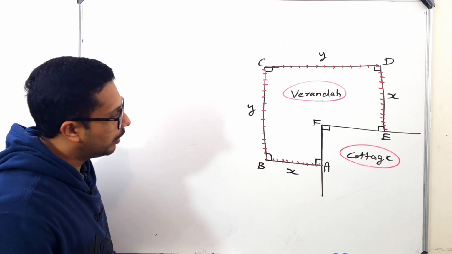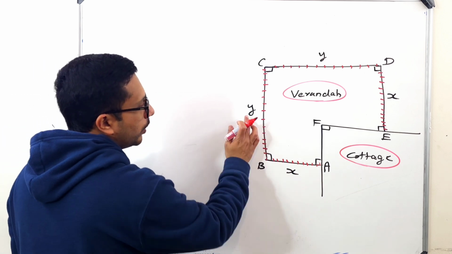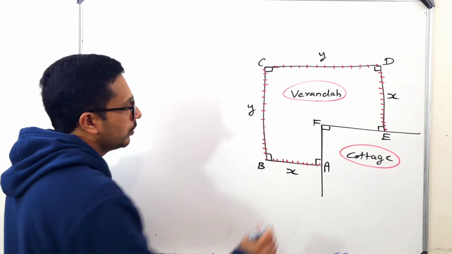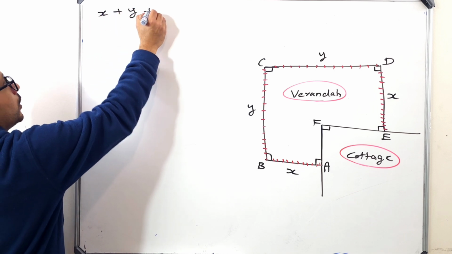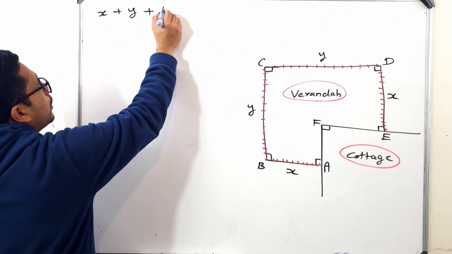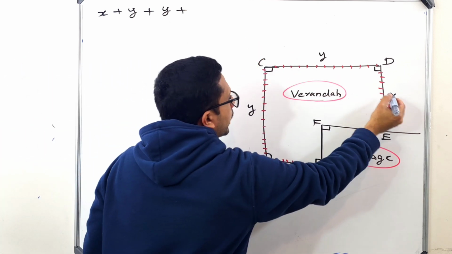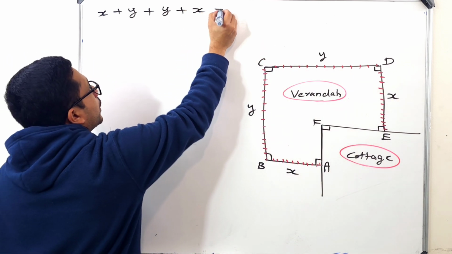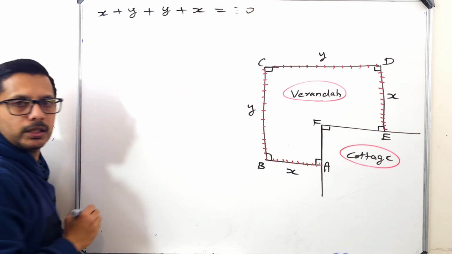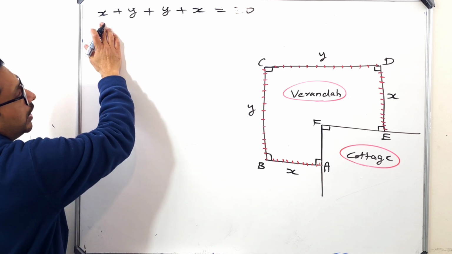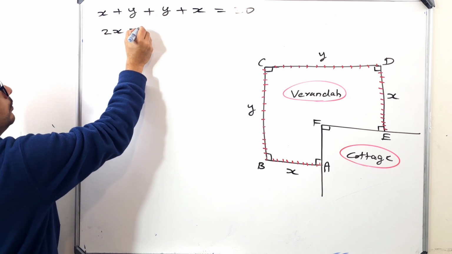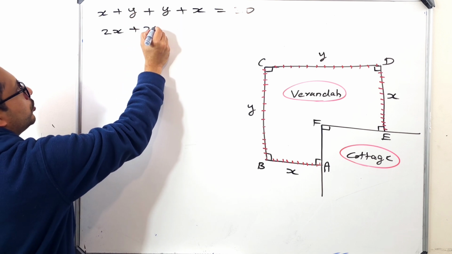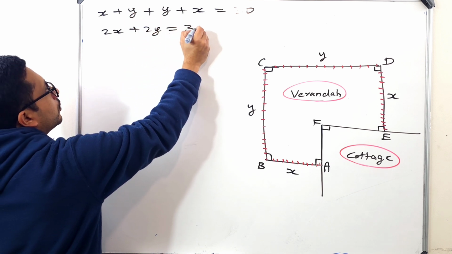So what we can write from there: x plus y plus y plus x, and the total length given is 30 meters. Let's simplify that. x plus x is 2x, y plus y is 2y, equal to 30.